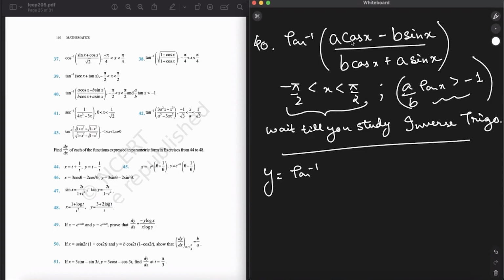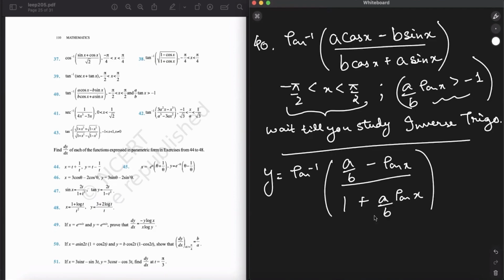If I divide the whole thing by cos x and by b, so dividing everything by b cos x, I'll be left over here with a by b minus tan x, divided by 1 plus a by b tan of x. Simple enough.